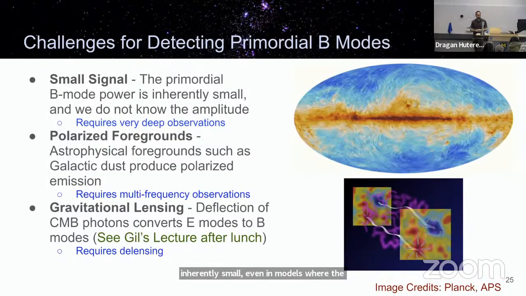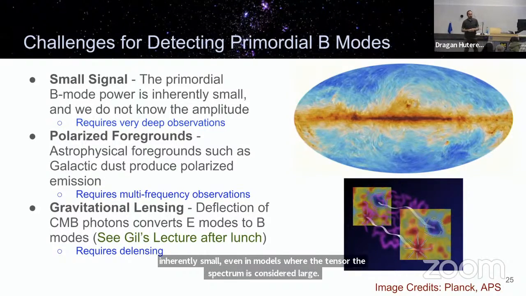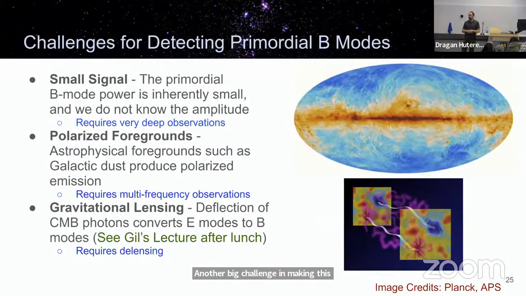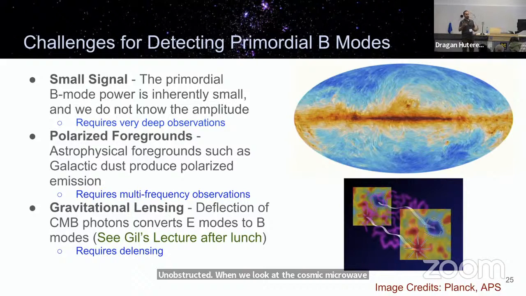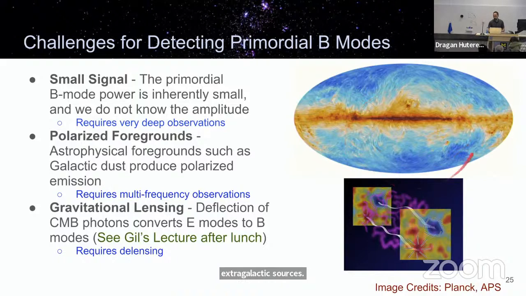Okay, so we don't know the size of the signal, but it's inherently small even in models where the tensor spectrum is considered large. Another big challenge in making this observation is that we don't get to observe the CMB unobstructed. When we look at the cosmic microwave background, we're looking through all sorts of stuff. We're looking through, in particular, polarized foregrounds from our own galaxy and also from extragalactic sources. This top plot here is a map from Planck of the polarized emission from galactic dust.